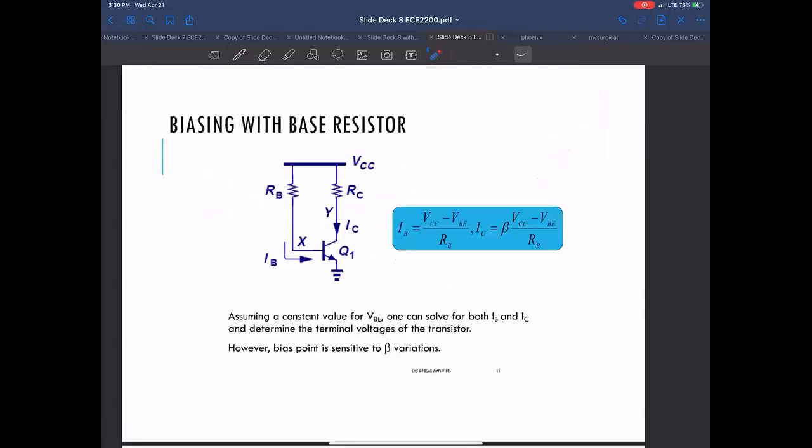And that's going to look like the simplest biasing circuit that has a chance of actually working. It is basically implemented by putting a resistor between the base and the power supply.